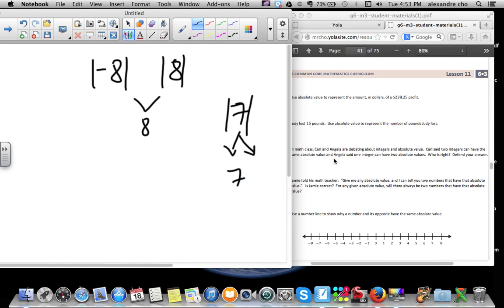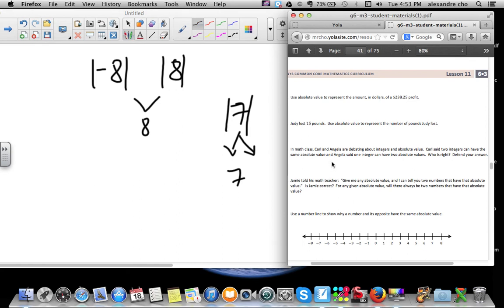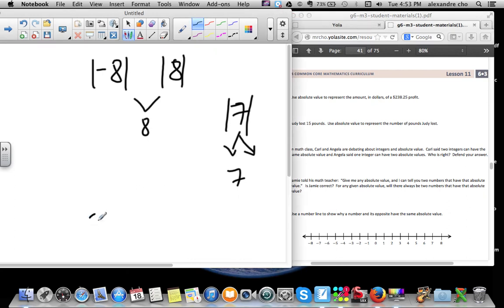Jamie told his math teacher, give me any absolute value and I can tell you 2 numbers that have that absolute value. Is Jamie correct? For any given absolute value, will there always be 2 numbers that have the same absolute value? I think he is. Well, give me an absolute value. Let's say the absolute value of a number is 3.